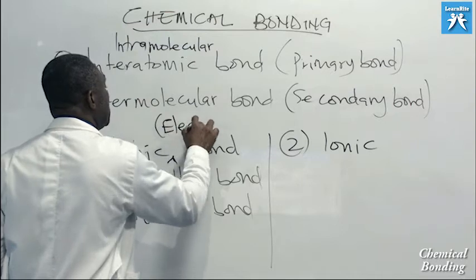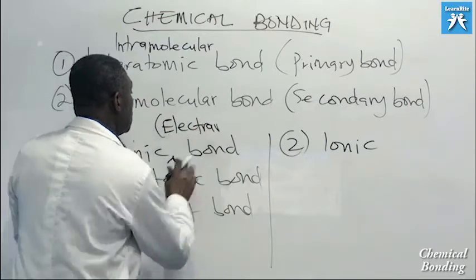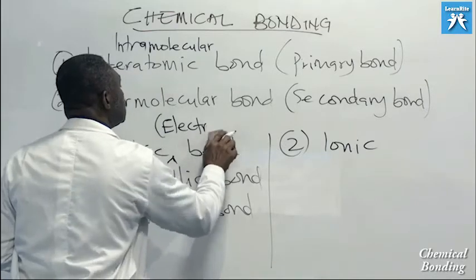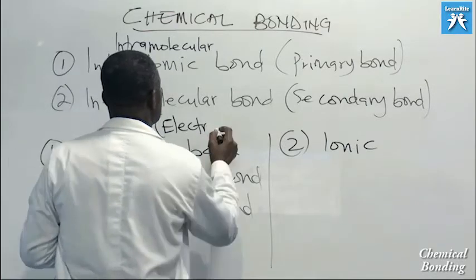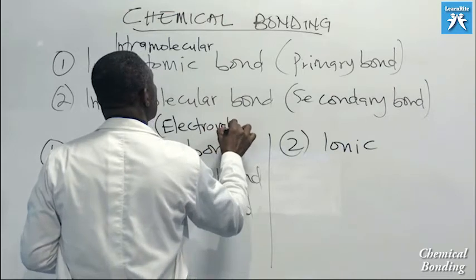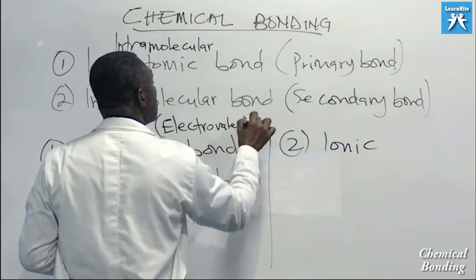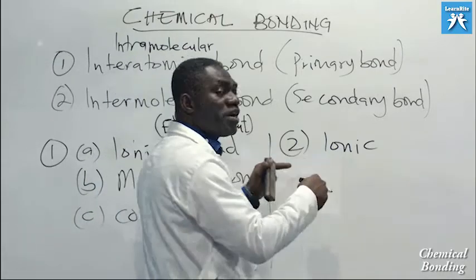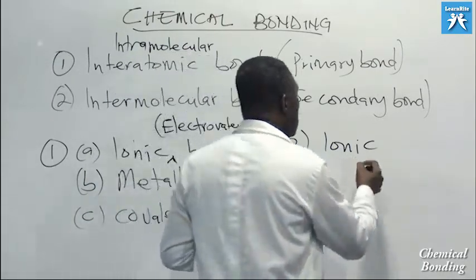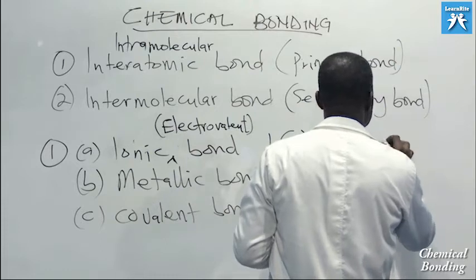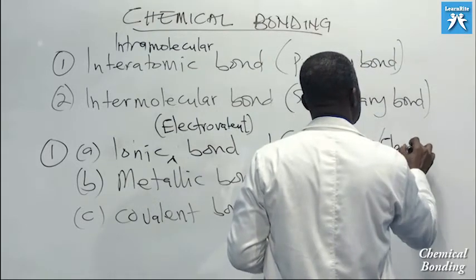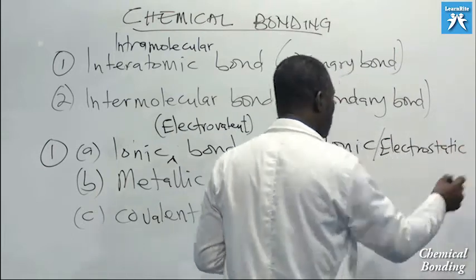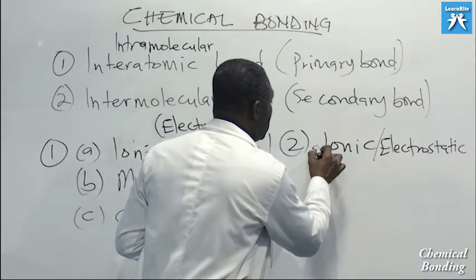Let me mention that: it's either ionic or electrovalent bonds. So when you come to the intermolecular, some of them are also ionic or electrostatic, or electrovalent bond. And that is A here.